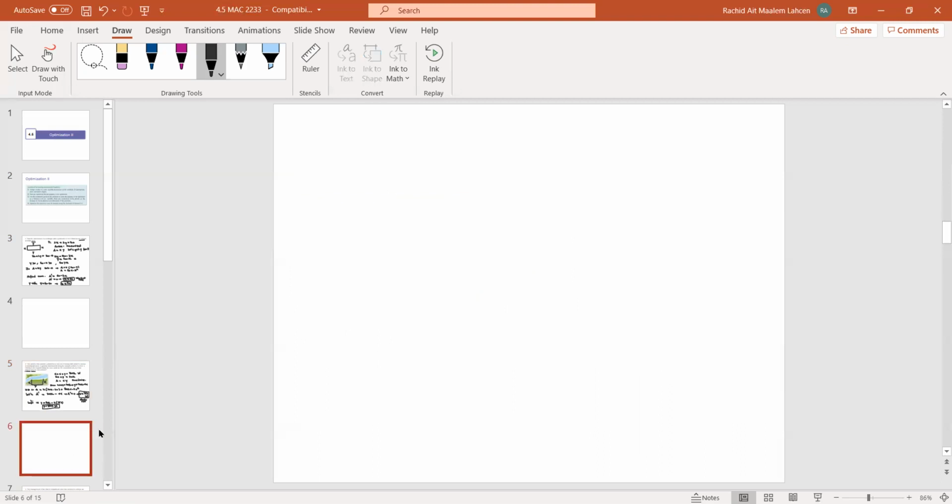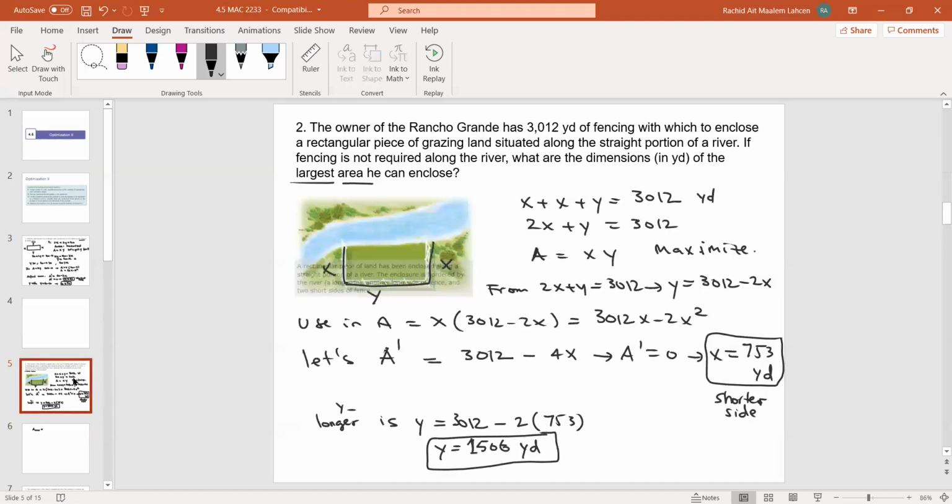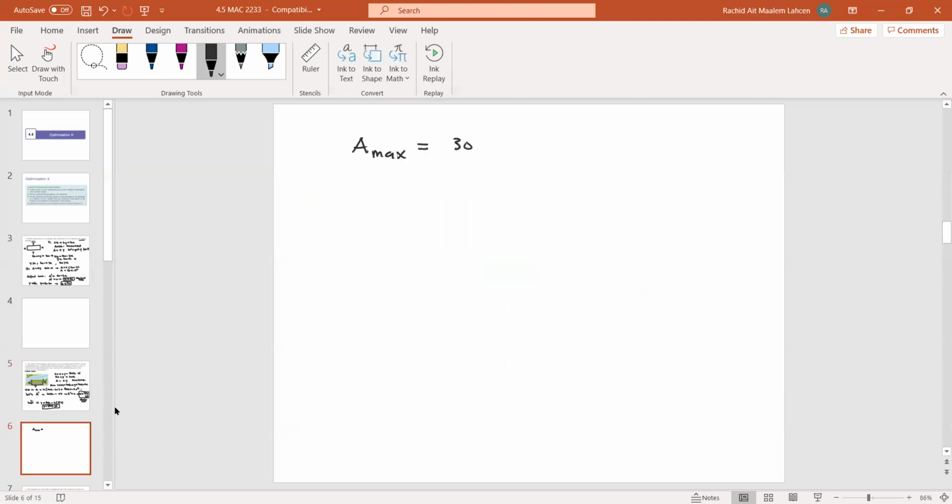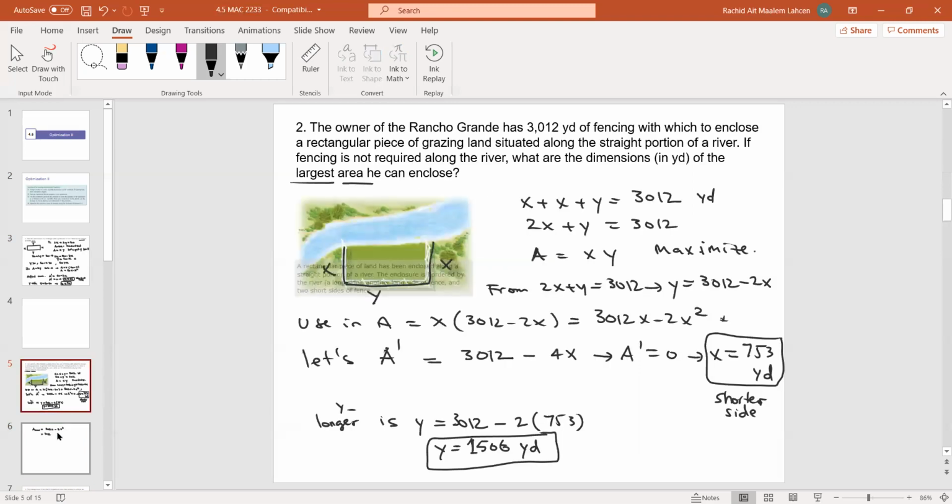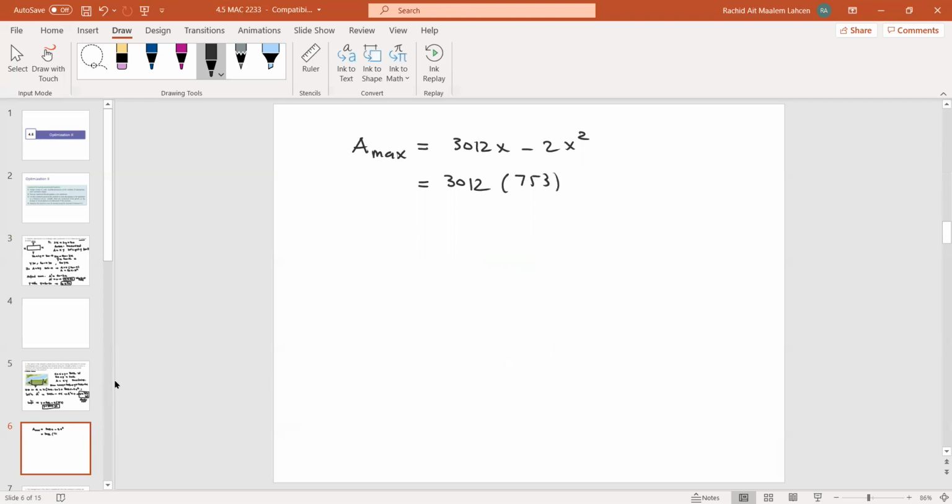So here, if somebody asks what is the maximum area, then we need to go to the formula here, 3012x minus 2x squared, and x is the shorter one, the 753. And that's going to lead to 1,134,018 square yards.